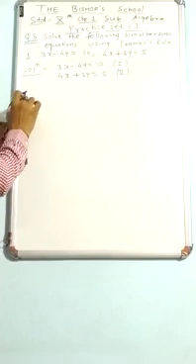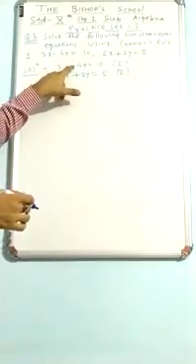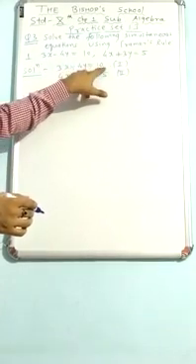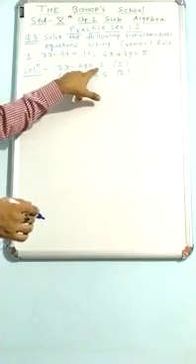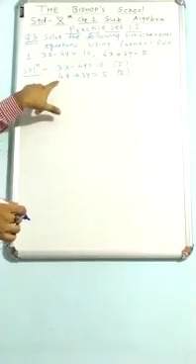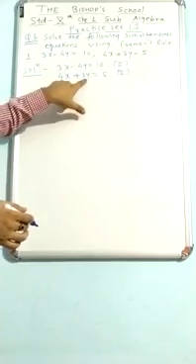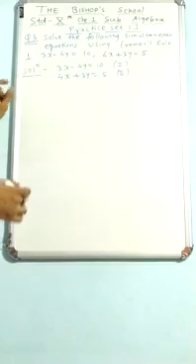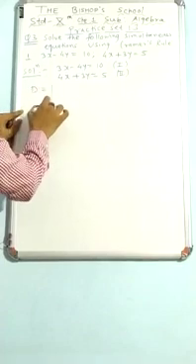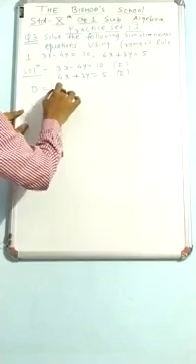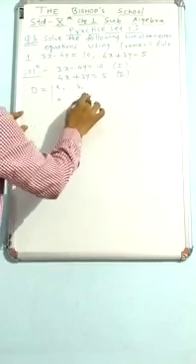Now if you compare with the linear equation a1x plus b1y equal to c1, a1 value is 3, b1 is minus 4 and c1 is 10. Similarly, in the second equation, a2 equal to 4, b2 equal to 3 and c2 equal to 5. Therefore we write determinant D equal to a1, a2, b1, b2.